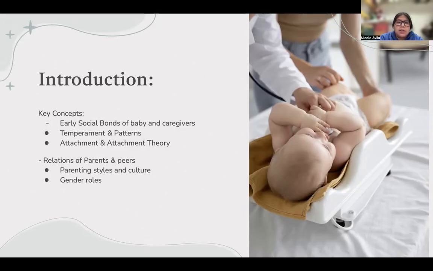We're later on going to be talking about the relations of parents and peers, the different parenting styles and cultures and how they allow the child to grow up, gender roles, and my conclusion.